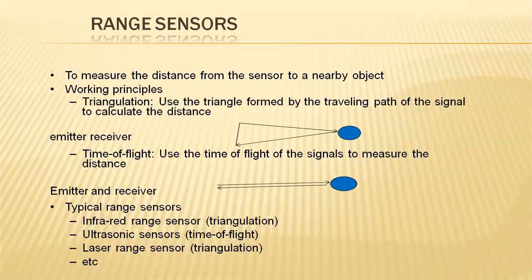And here the transceiver plays a major role. A transceiver is a type of sensor which does both, transmitting the light rays and receiving the light rays. So dual functions are handled by a single element. Both emitter and receiver activities are done by the same element.